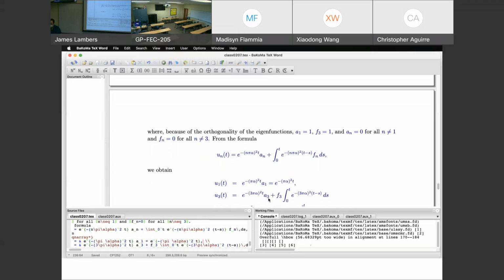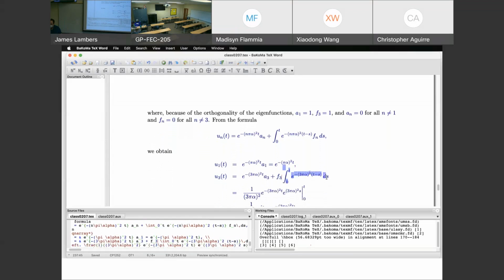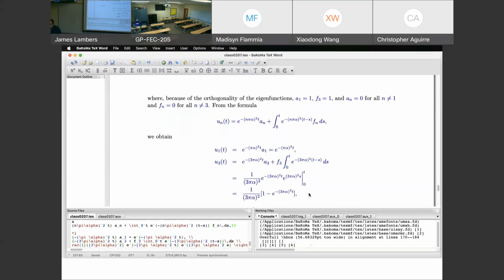A3 is 0, but F3, which I've factored out of the integral because it's a constant, is equal to 1. So now I just have to work out this integral and plug in the limits 0 and t, and this is what I get. All other u's will be 0.